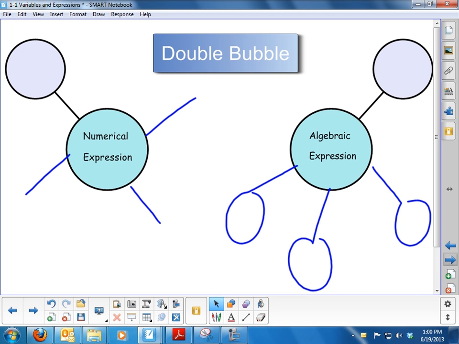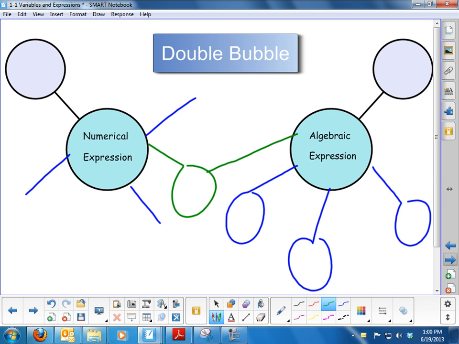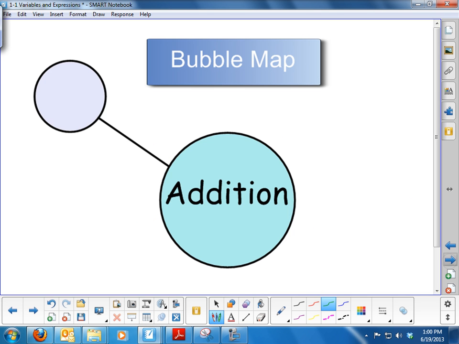And then in the middle, you are going to have bubbles with a line going to each that are something that they share in common. So what is something that a numerical and an algebraic expression have together? That's what you're going to create in those bubbles. Okay, so do as many bubbles as you can think of related to numerical and algebraic expressions.